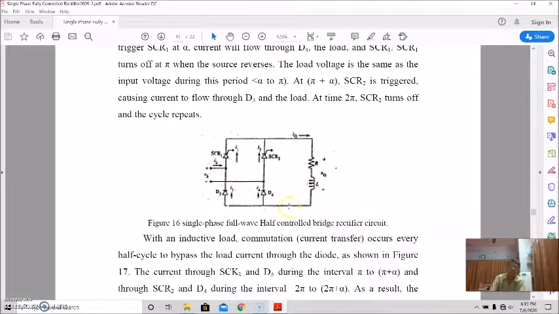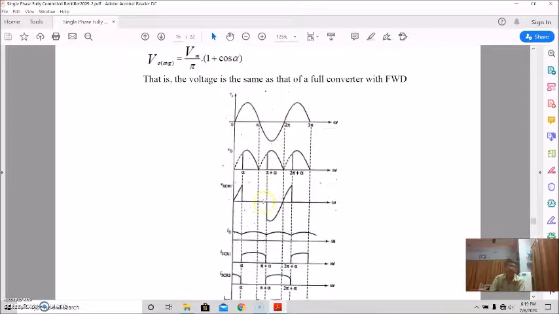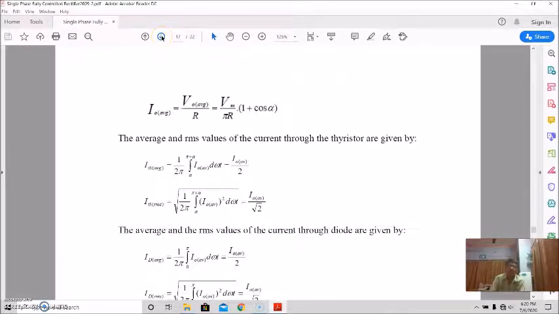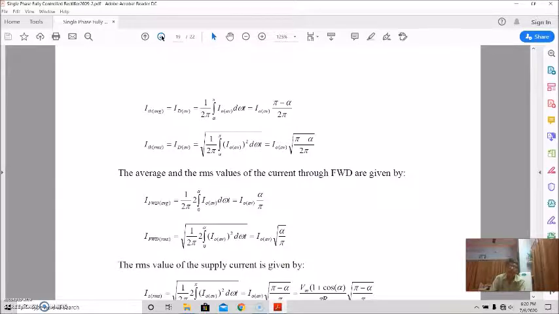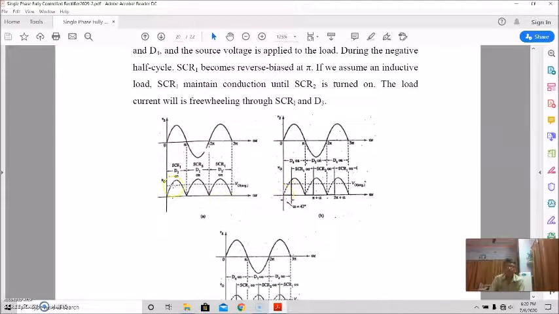If alpha is 0, it conducts as soon as it is fired, so the waveform will be just like a full wave rectifier circuit. This is the case of alpha equal to 0.